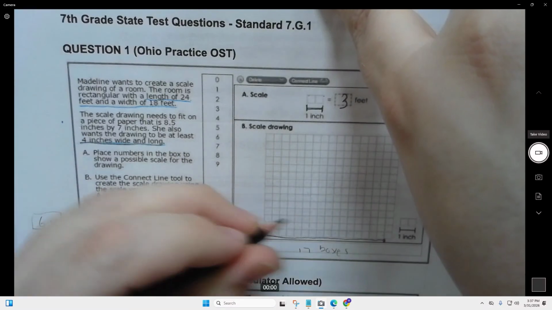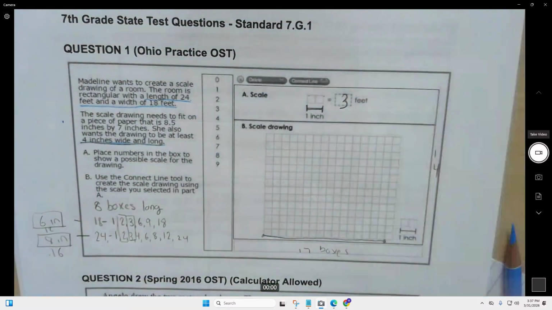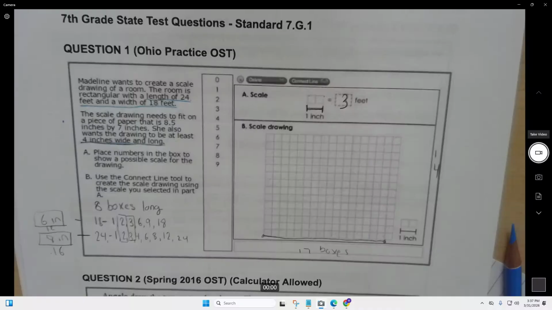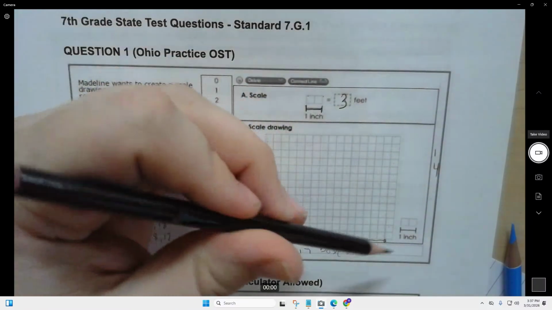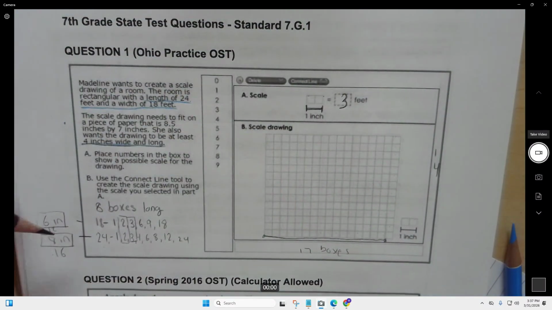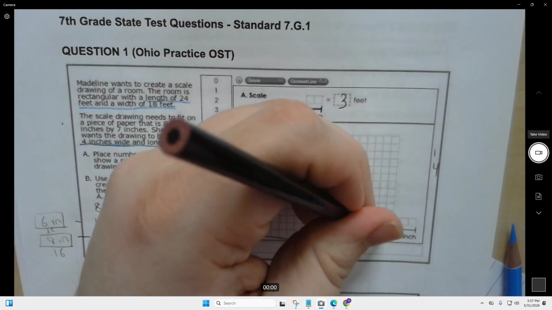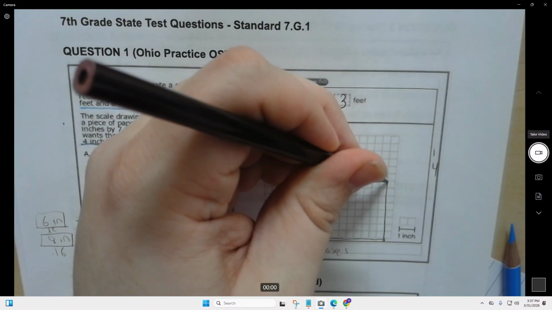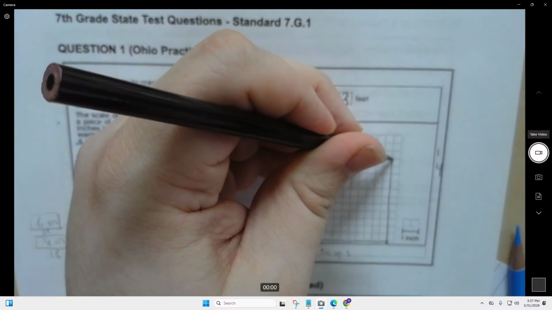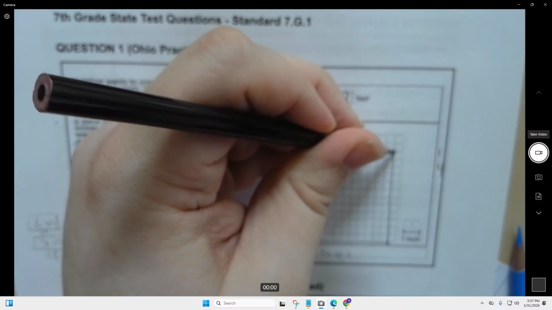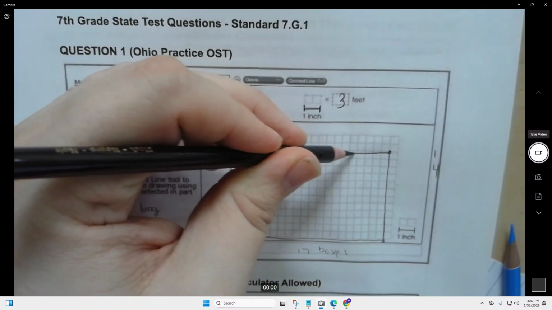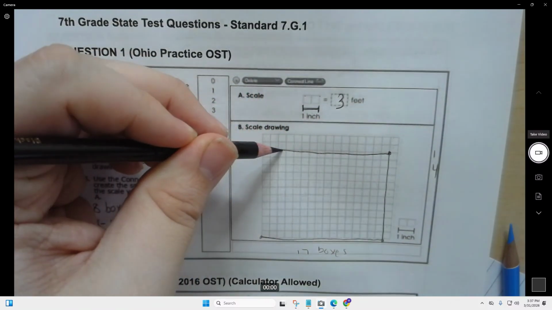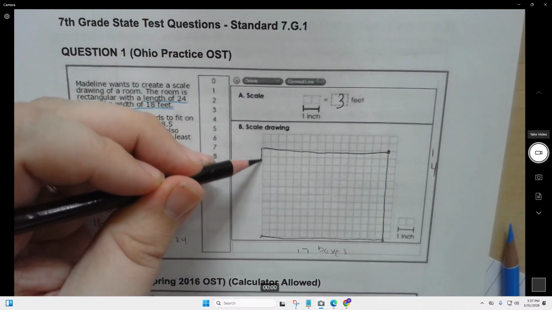And when you do this, I would advise that you start at the bottom left, because as you can see, we barely have enough room. Now we need to go up 12. 1, 2, 3, 4, 5, 6, 7, 8, 9, 10, 11, 12. And once again, we barely have enough room. And then just make a rectangle to create your points.